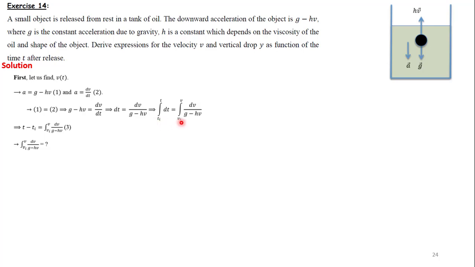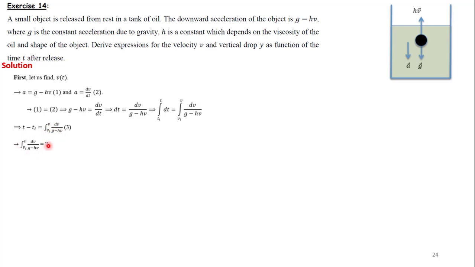Now let's make the calculation. So this integral is equal to t minus 0, so it's equal to t, or t minus ti. It's equal to the integral of dv over g minus hv between vi and v.